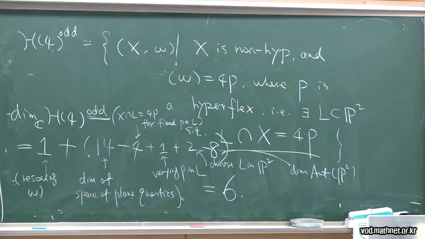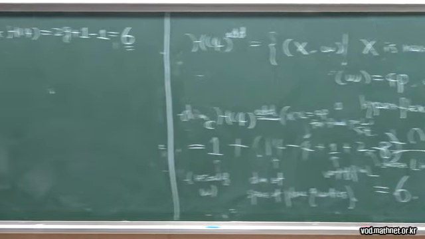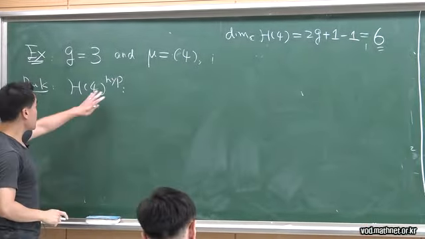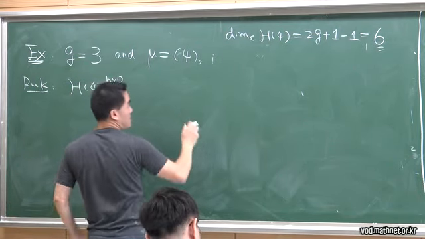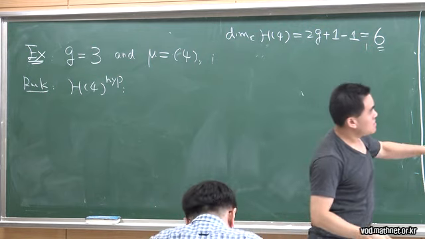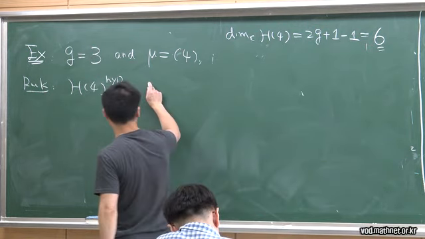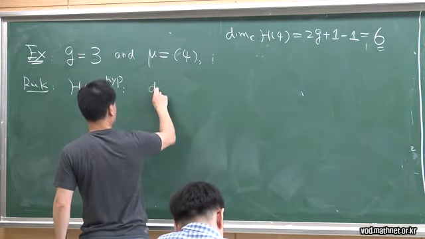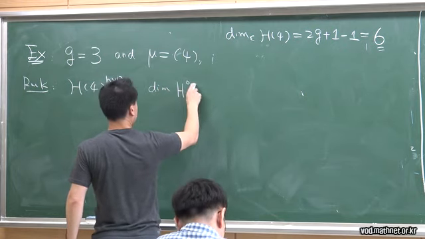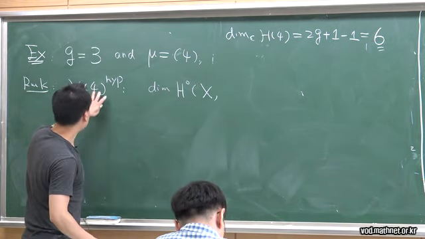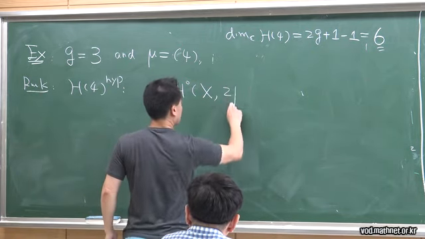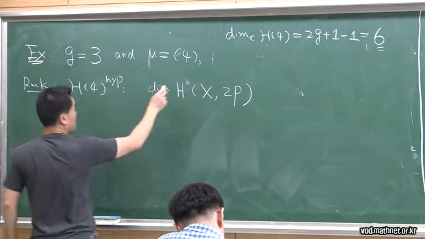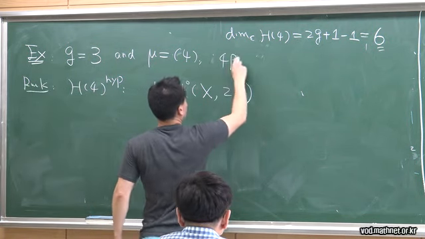Again, for this case, I have this component H for hyperflex. In this case, you can check that my point P is a special Weierstrass point. You can check the dimension of the global section space of X. Now I consider 2 times P. Keep in mind, 4 times P is a canonical divisor, right?